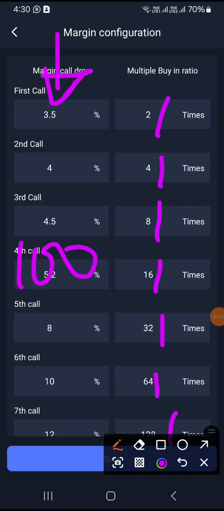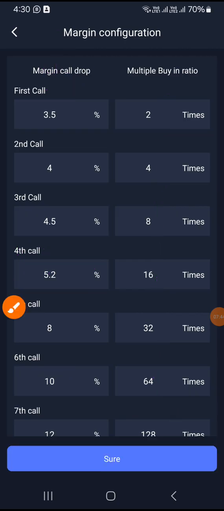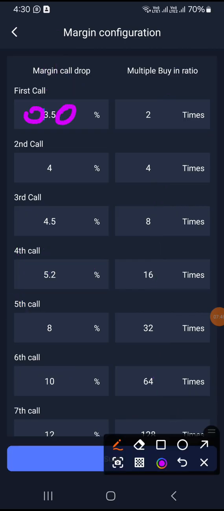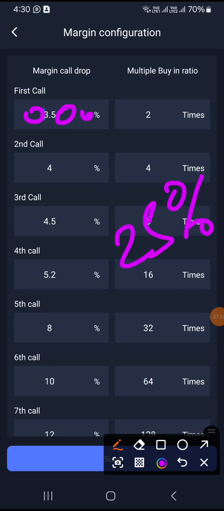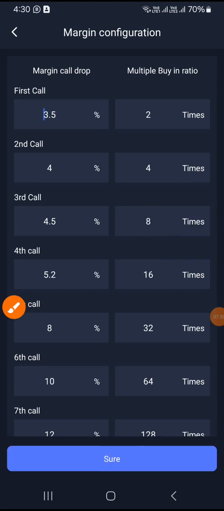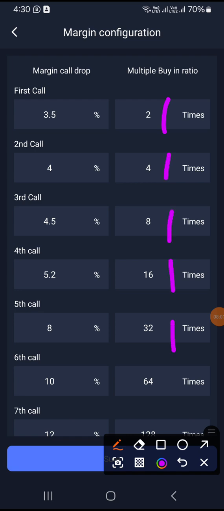So we have to look for a number which, when multiplied across all 100, will give us a 25 drop. It will be equal to 25.